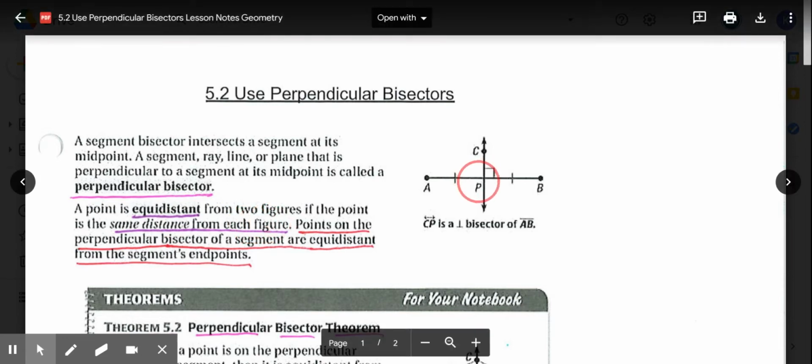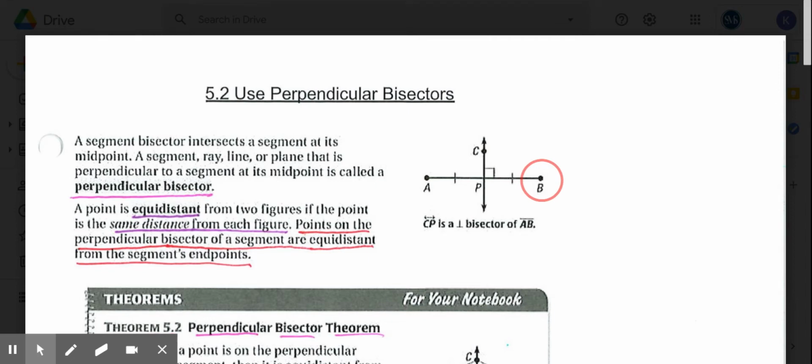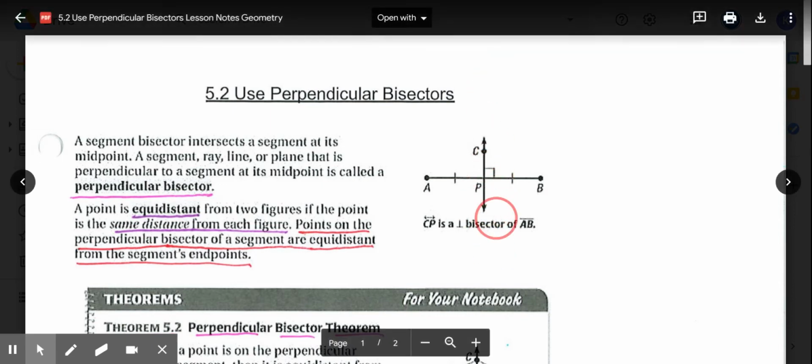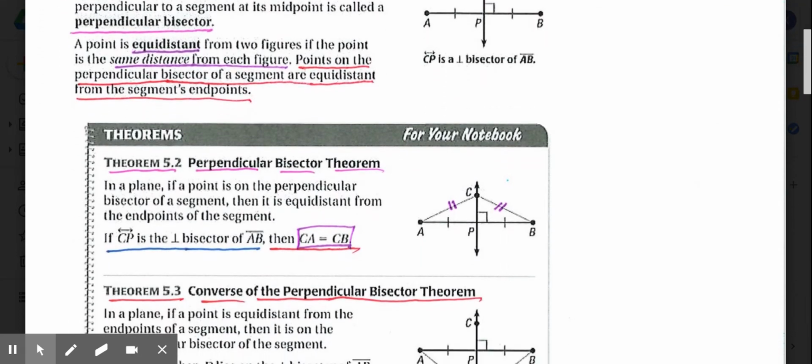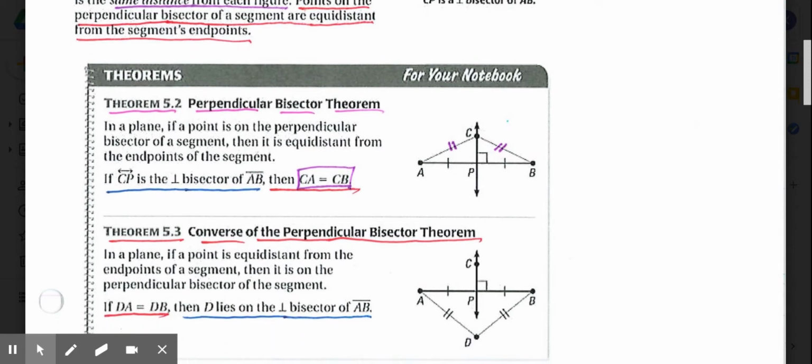So we could say P is equidistant from A and B, because P is the same distance from A and B. But then we know any points on a perpendicular bisector, so any points on line CP here, are equidistant from A and B. So point C is also the same distance from C to A as it is C to B. And that's an important rule we want to keep in mind, because that builds into the perpendicular bisector theorem.